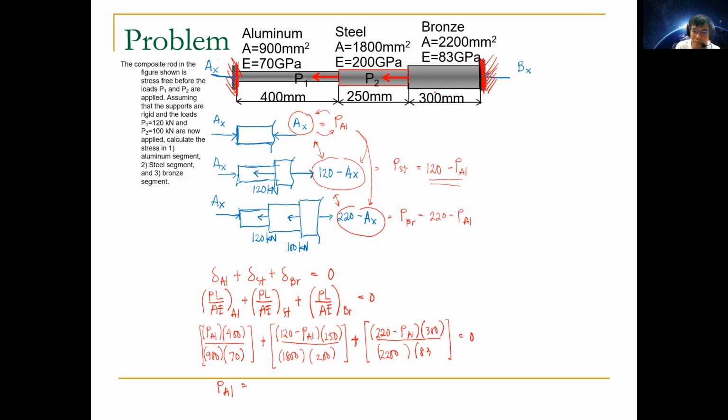So going to the left is positive. We'll just make that positive. Okay, we declare the 120 as positive, since it's going towards the left. And the AX is minus because it's going to the right. So going to the right is negative.